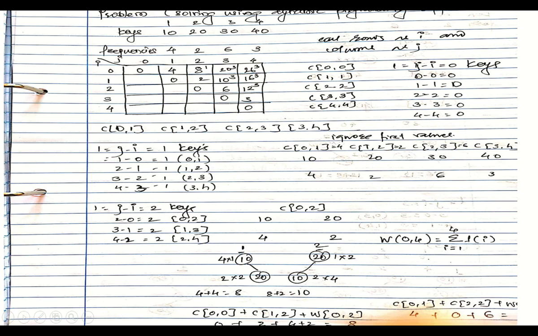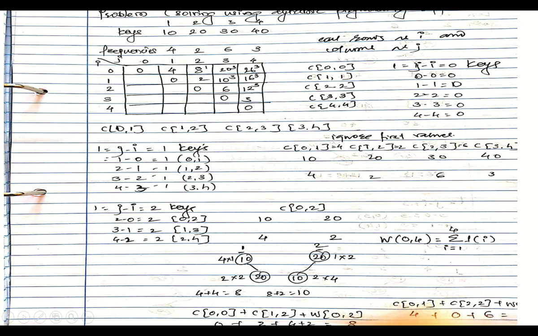How to find it out? See, cost of 0 comma 1 is equal to 4, right? Now why is it equal to 4? Just because whenever I am going to find out the values, I have to ignore the first value of mine. What is my first value? First key is 0. I have to ignore 0, right?